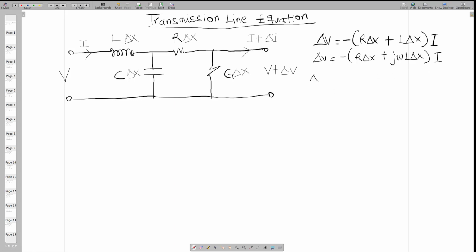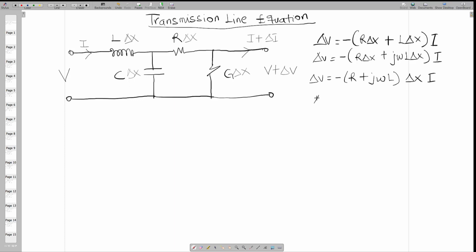From here we can see that delta X is common, so we can take it out. So I'll have minus R plus j omega L delta X over here, and I'll have my I over here. To get rid of the transient time effect that will occur in this transmission line, delta X should be 0, right?